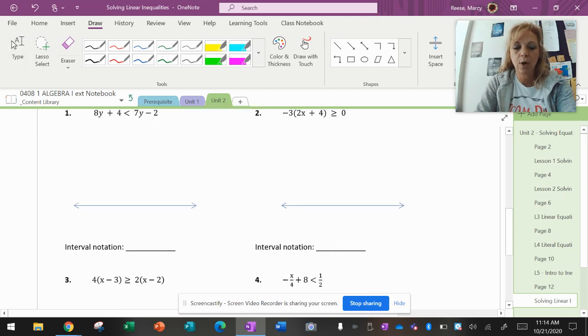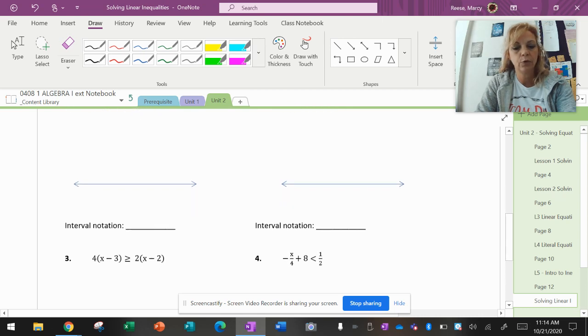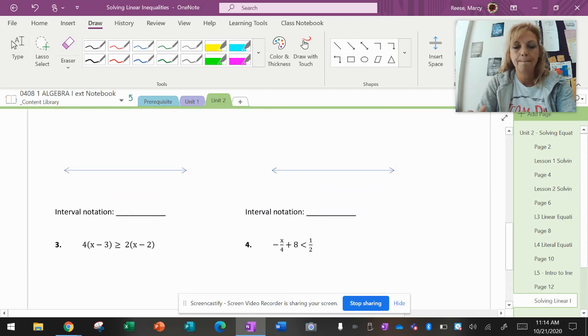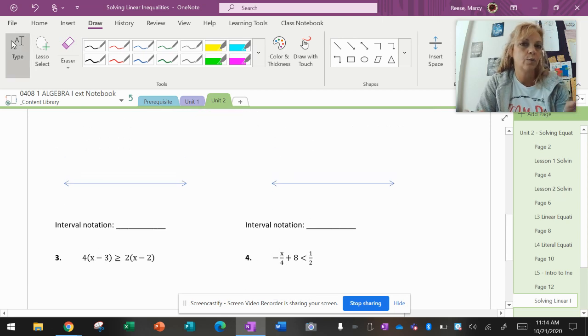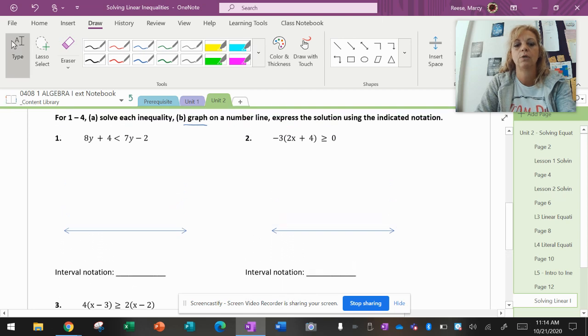Depending on the problem, it's interval notation, or if it doesn't say interval notation, you just leave it as y is greater than or less than. But these are mostly interval notation because we want you to practice that. We'll go through that too, because I know that was rather quick in class, so I want to make sure you get the hang of it in this video.